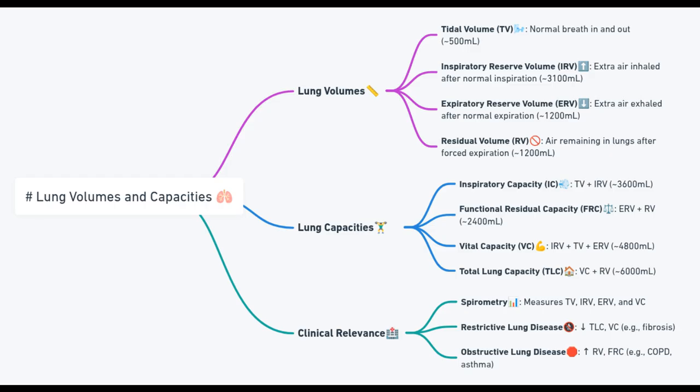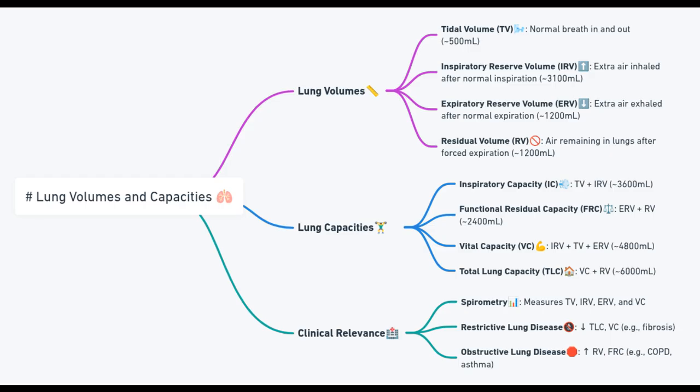So it's the expiratory reserve volume plus the tidal volume plus the inspiratory reserve volume. Vital capacity has to do with two or more consecutive volumes added together. So it's used to assess the strength of thoracic muscles as well as pulmonary function.